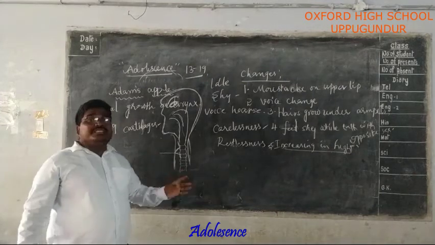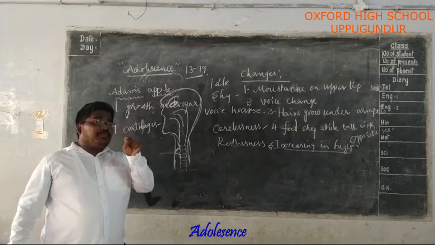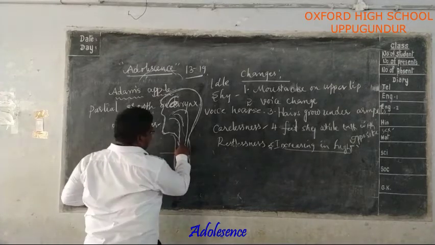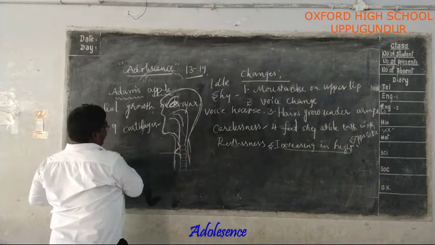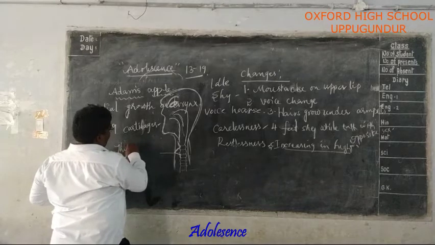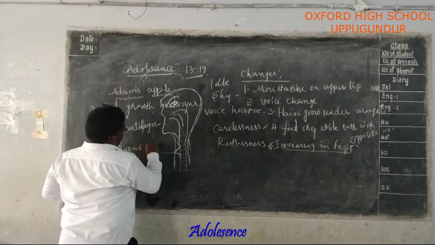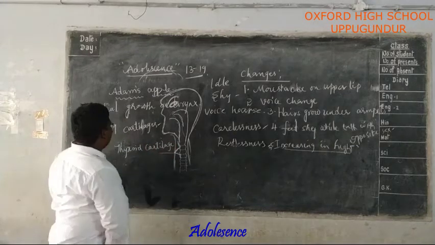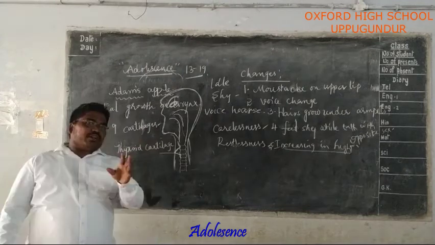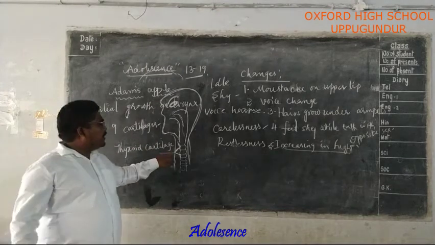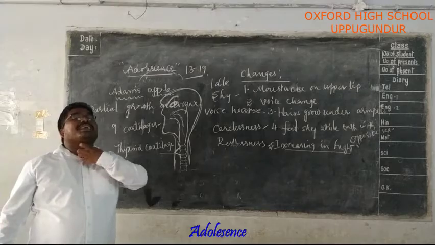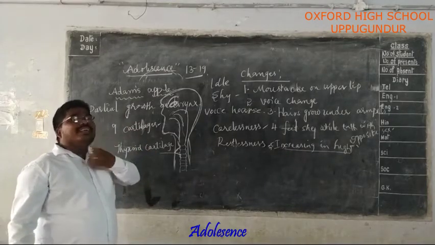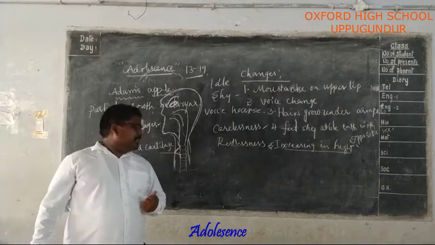Among the 9 cartilages, which one is the largest? The largest cartilage is the thyroid cartilage. The Adam's apple is formed due to the elongation of the thyroid cartilage.